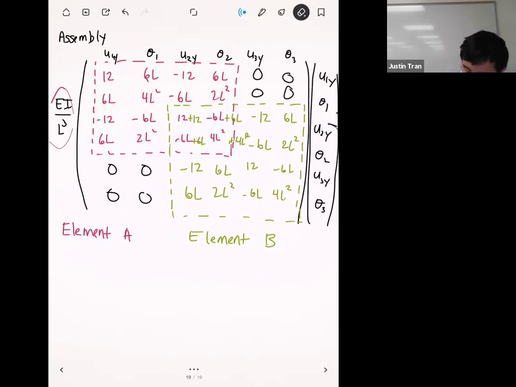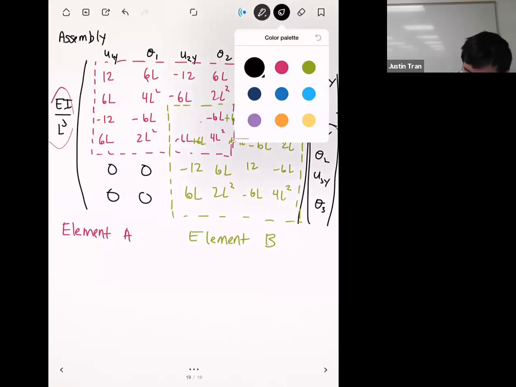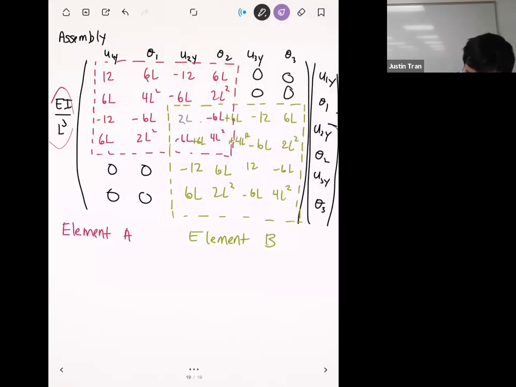And so let's go ahead and combine these terms in the middle here. In the upper left middle overlap, we have 12 plus 12, and so this is going to be 24. On the top right one, we have minus 6L plus 6L, and so that's going to give us 0. Down here, we have a minus 6L plus 6L, and so that's also going to give us 0.